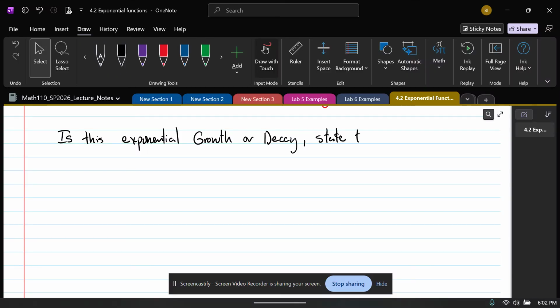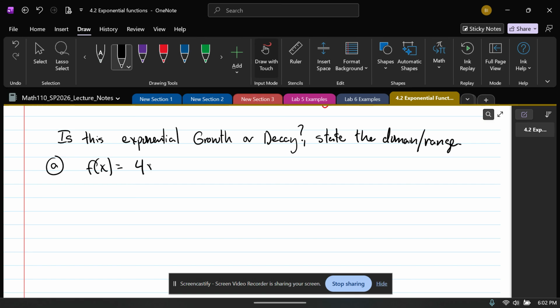State the domain and range. We haven't done that in a little bit. Example A, f of x equals 4 to the x plus 1. Is that growth or decay? Growth, because that number is bigger than 1, this is growth.